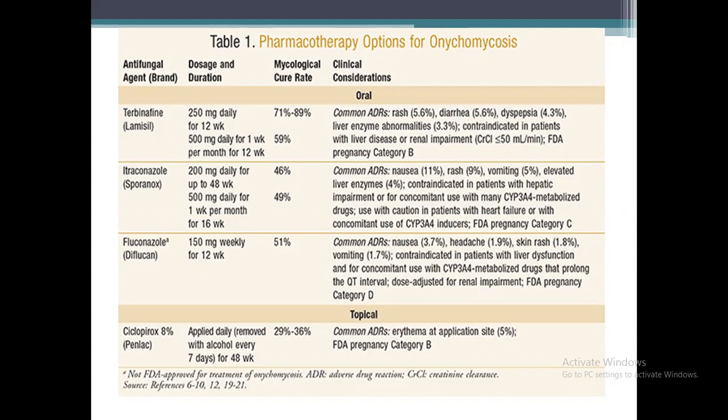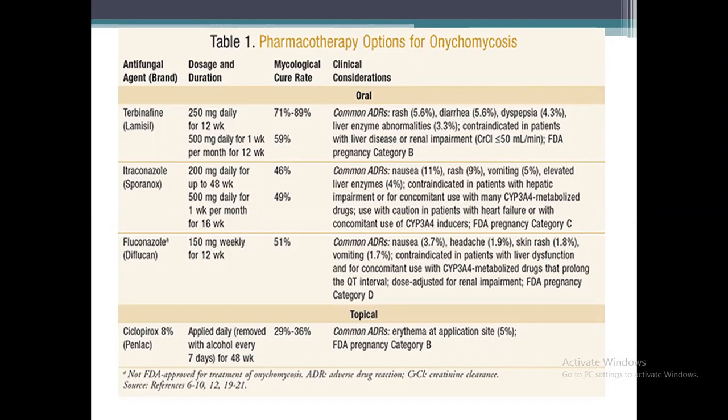It also has some ADRs like nausea, rash, vomiting, increased liver enzymes, and it is also contraindicated in hepatic impairment, and it should be used with caution in patients with heart failure, concomitant use of CYP3A4 inducers, and it is also pregnancy category C.